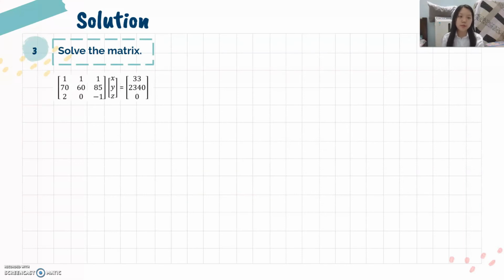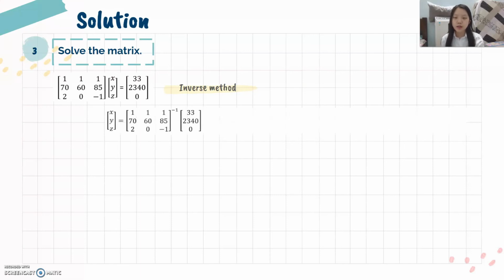Actually, for this question, by using matrices, there are a lot of methods to solve it. We have the inverse method, EROs, and the Gaussian method, but we will focus on the inverse method. By using the inverse method to solve this matrix, we have to move the left hand side of the matrix to the right hand side, and the matrix will become an inverse.